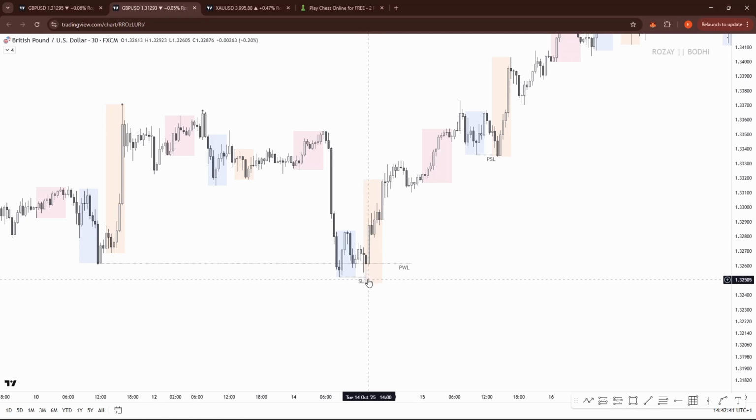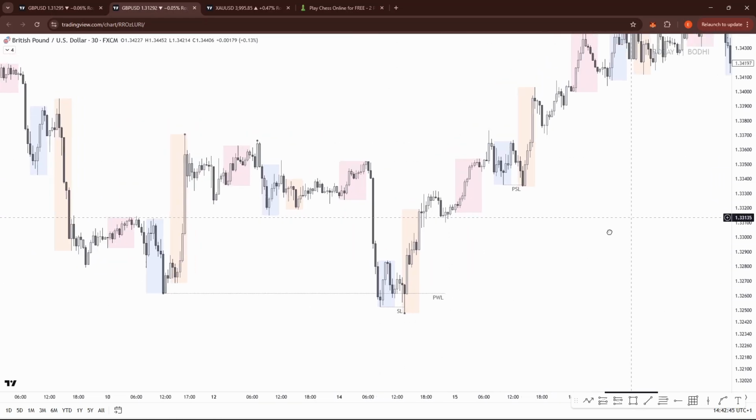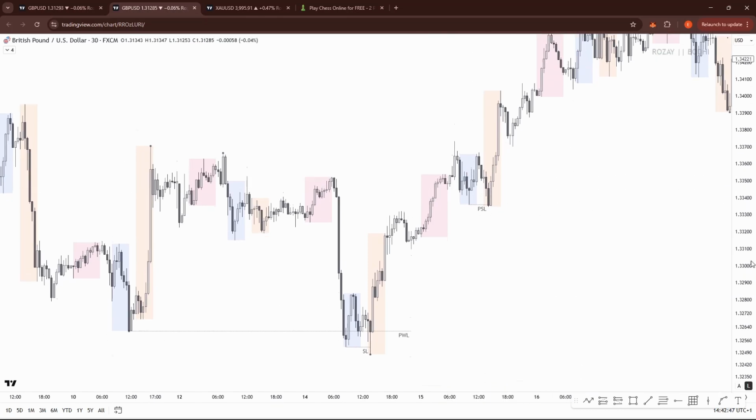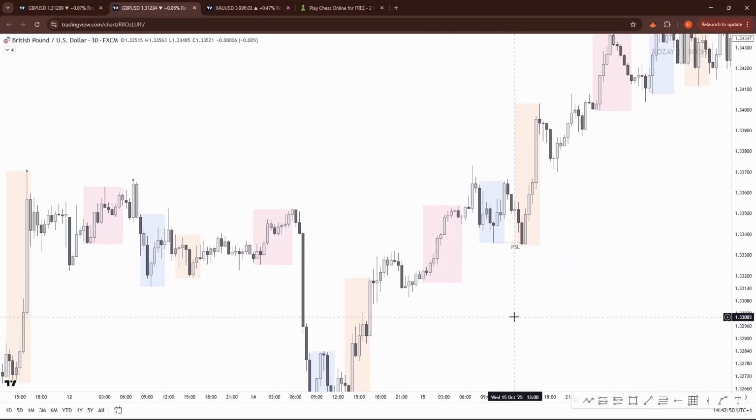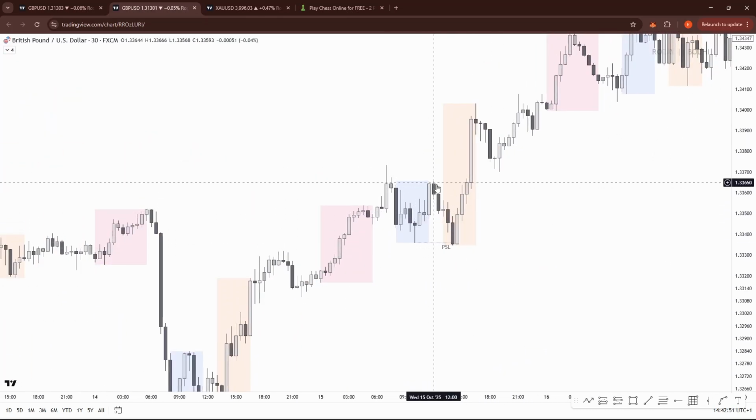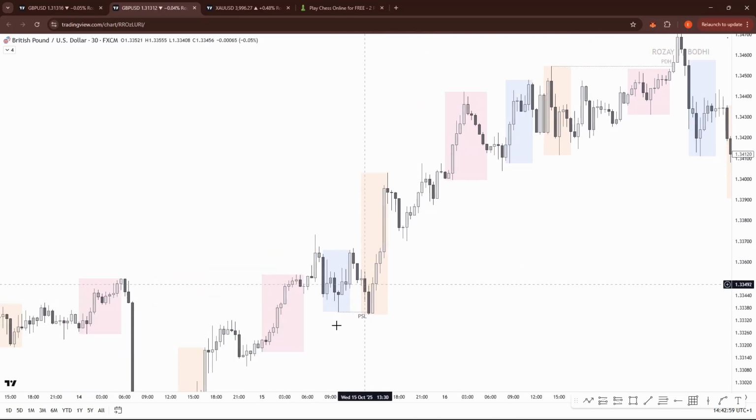After that, what do we start to see? Reversal away from all of that and price continuing to drop. I'm going to keep showing you very easy to spot examples. Right here again, we have that happen. The New York session raids the low of London, and we get a reversal away from that.